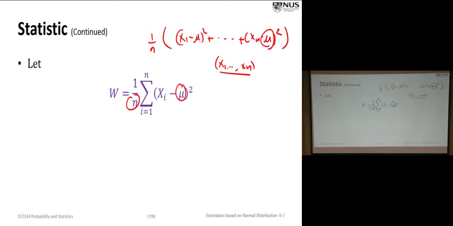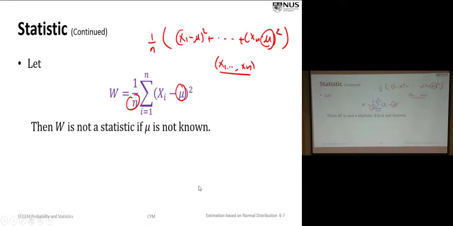So even if you have the sample, you are not able to compute the value of this quantity, and in that case this is not considered a statistic. A statistic is a function of the random variables for which you can calculate the value once you take the sample. That means there are no unknown quantities in the expression. In this case, this is not a statistic because mu is not known. But if mu is known, then it is a statistic.